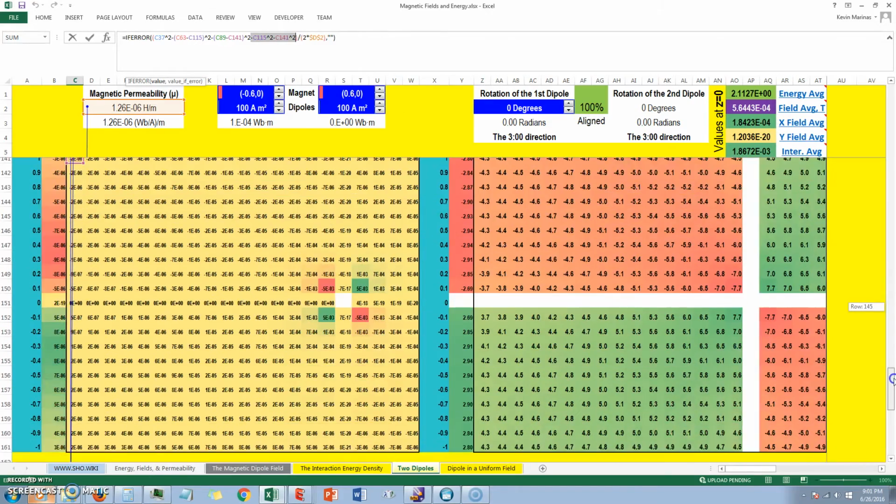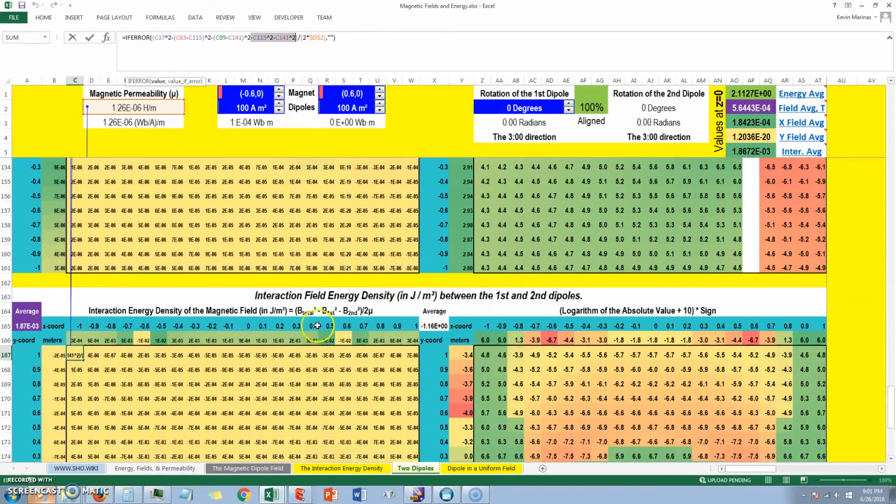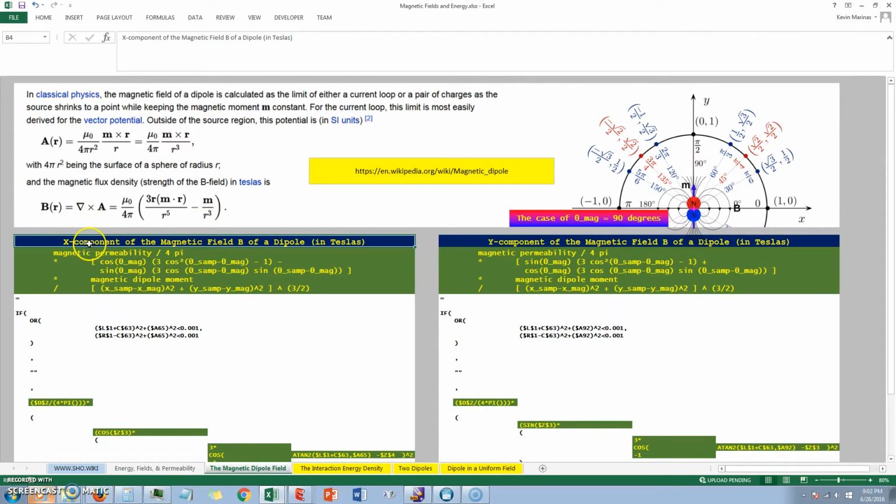As shown in this equation, B total squared, it's minus B first squared minus B second squared, then divided by 2 times mu down there. Okay? So that gives us the interaction energy density of the magnetic field. Now, here we got the x component of the magnetic field B of a dipole, as well as the y components.